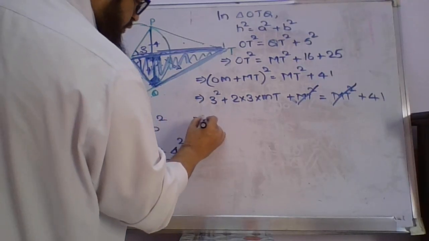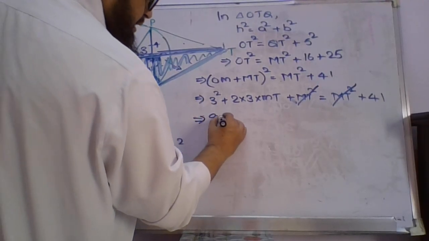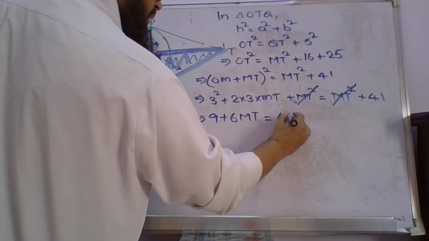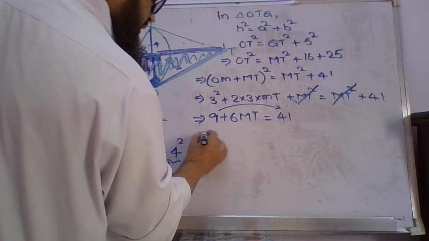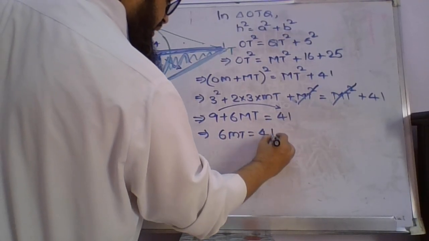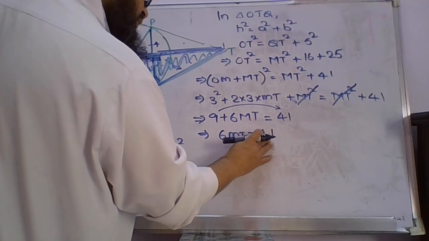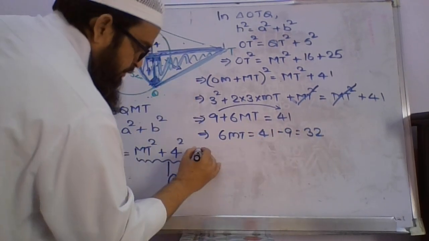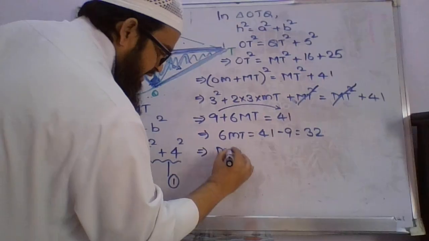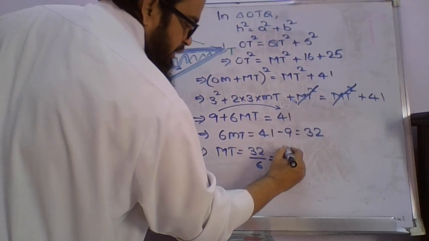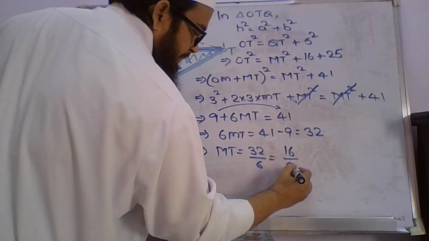Now what is 3 square? 9 plus 6 MT is equal to 41. If I transpose this, I will get 6 MT is equal to 41 minus 9, so that is equal to 32. That implies MT is equal to 32 divided by 6, that is equal to 16 divided by 3.